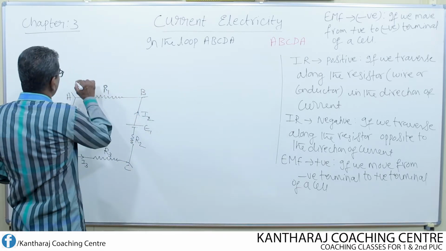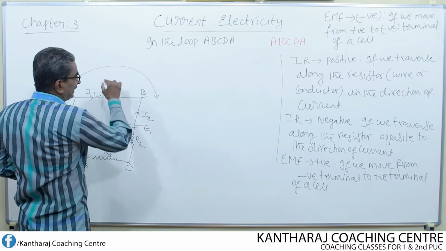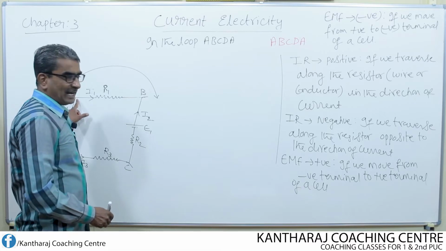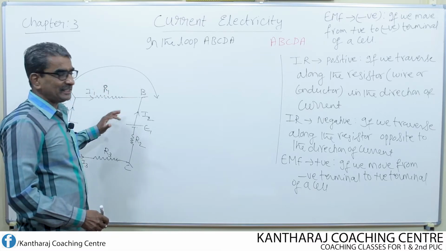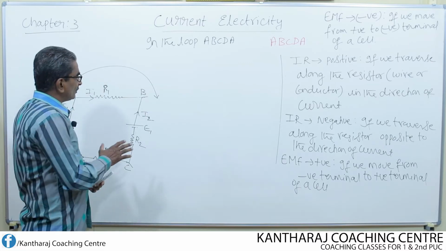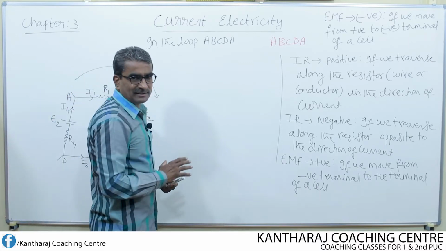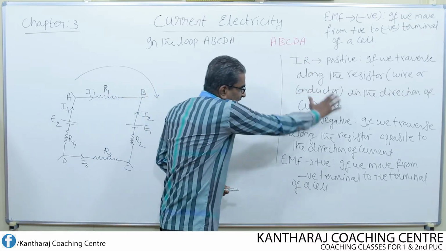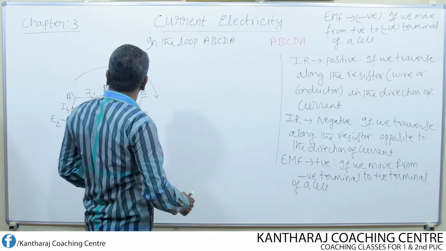Now, what I do means, I move like this in the clockwise direction, from the point A, and I come back to the same point in the same clockwise direction. So, by following this method, I write one mathematical equation by using this sign convention.